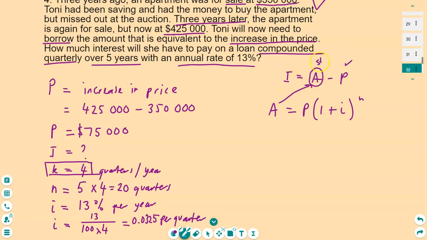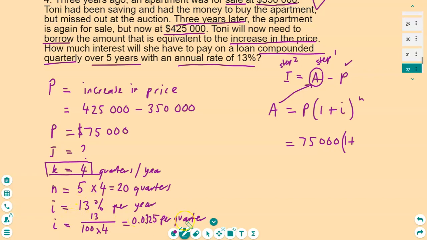So I'm just going to say step 1, find A. Step 2, use this formula. These are your 2 formulas you want to work with together. Let's do this. Let's find A. From our data table, P is 75,000.